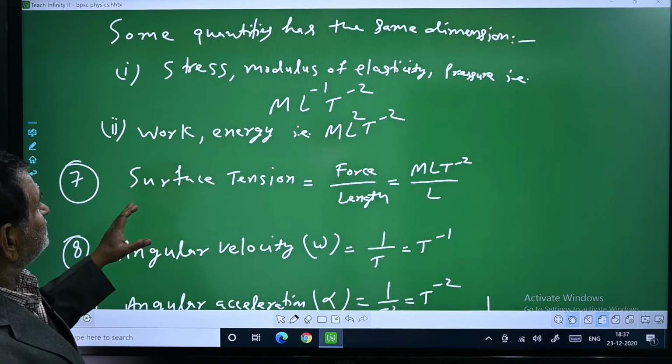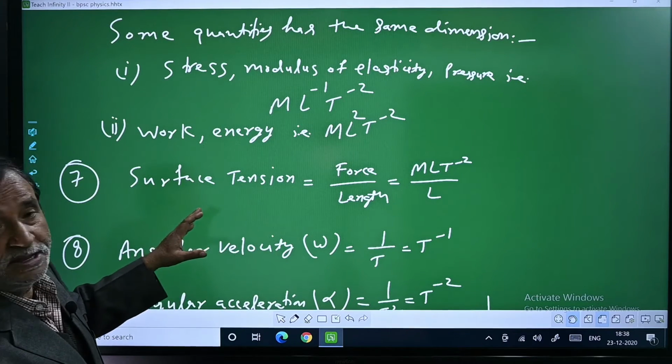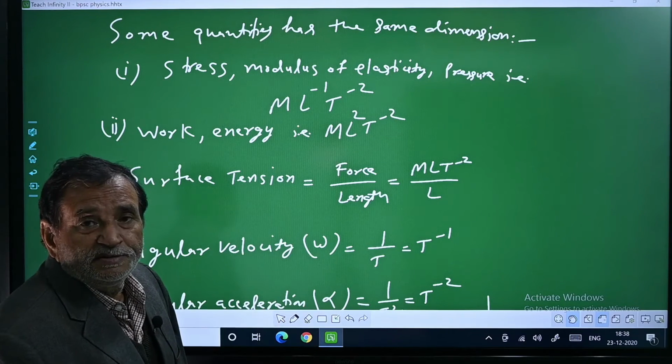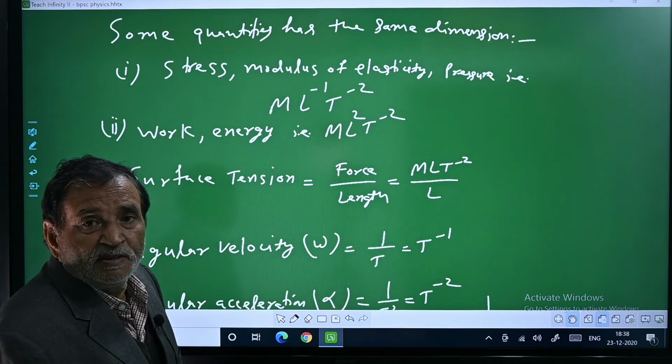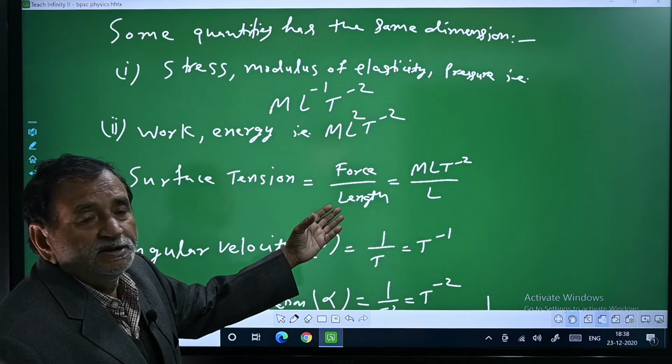Now the surface tension. As we know, surface tension is defined as force per unit length, that is force divided by length.